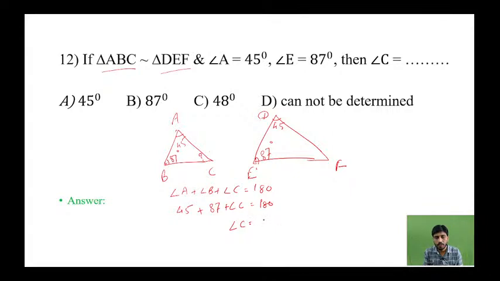So angle C will be 180 minus the addition of these two angles, which is 132. And this subtraction is 48 degrees. So C is the correct option.